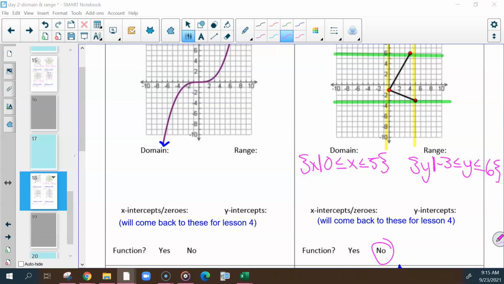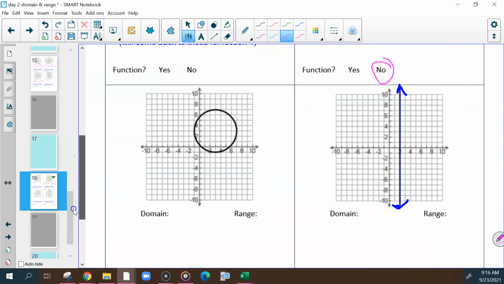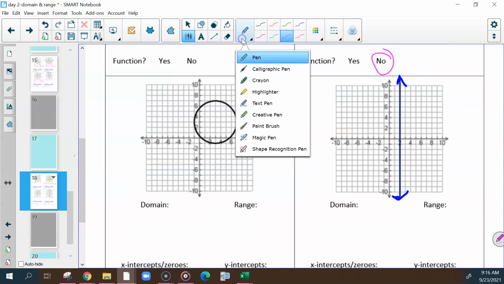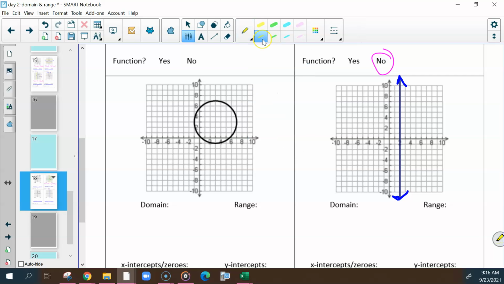The next one we're going to do is the circle one. So again, if it helps, put in those lines to show you furthest left, furthest right, and highest and lowest.